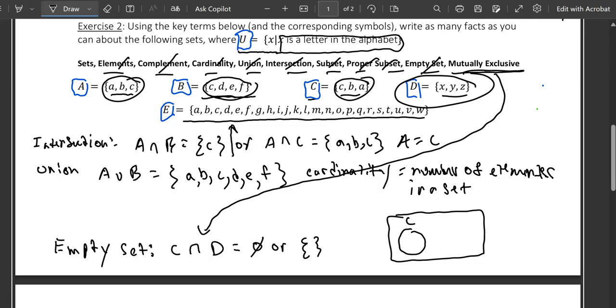So if we took the set C, which would consist of little element C, B, and A, and I took the set D, which is X, Y, and Z, they were the empty set because they don't have any elements in common, and they're exclusive from each other. They're not together. They're excluded from overlapping with each other. They have no elements in common, so that's mutually exclusive. Okay, I'm going to stop the video here, and then we're going to look at the second part.